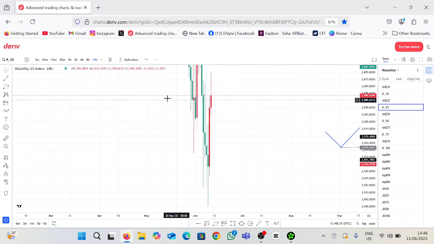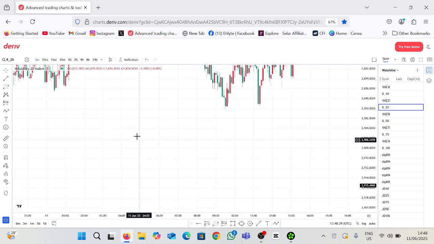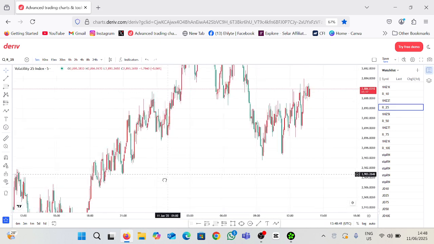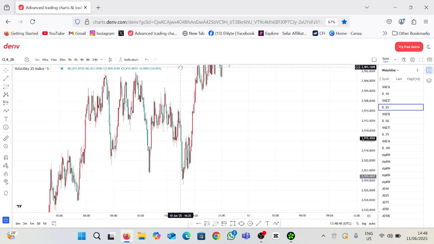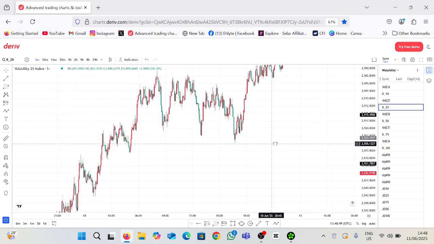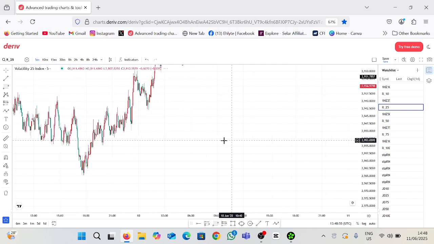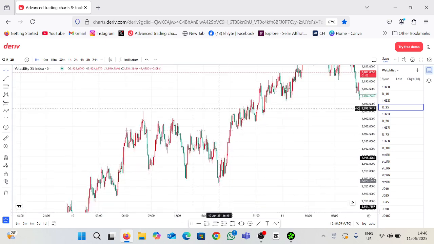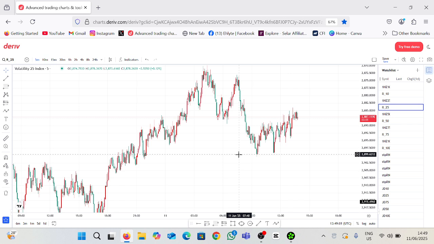So this is a practical example of that. This is V25, Volatility 25. I trade synthetic indices. I'm looking for a setup that I want to use as an example for you guys here.